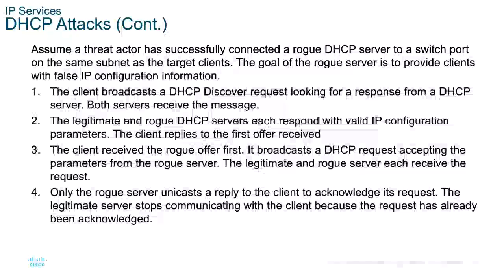So this potentially enables the rogue to get its offer in first, and then it will control the information that the new host is getting. Okay? Because the host, when it boots up and does this discovery, doesn't know that it's not a valid server.